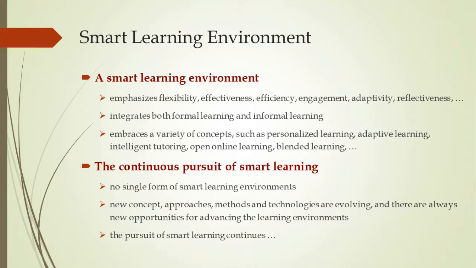It is better to characterize it in different ways. First of all, a smart learning environment emphasizes flexibility, learning effectiveness, efficiency, student engagement, adaptivity, reflectiveness, and many more. More importantly, both formal and informal learning are integrated in that environment. Essentially, a smart learning environment embraces many concepts, such as personalized learning, intelligent tutoring, blended learning, etc.